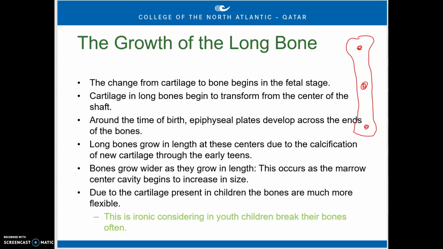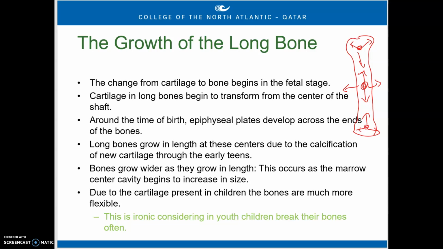And as these bones grow, the osteocytes move in and they start to form bone in directions away from these ossification centers. So the bone development starts from 3 different parts of the bone, and as they grow in length, they'll also grow in width, so that the bone maintains proper proportions and grows up in the healthy form that we would expect.